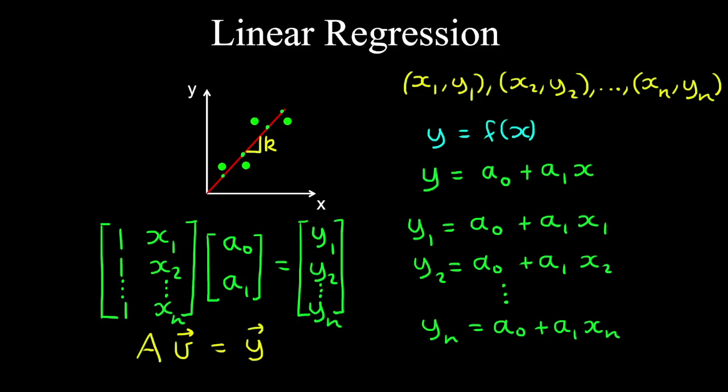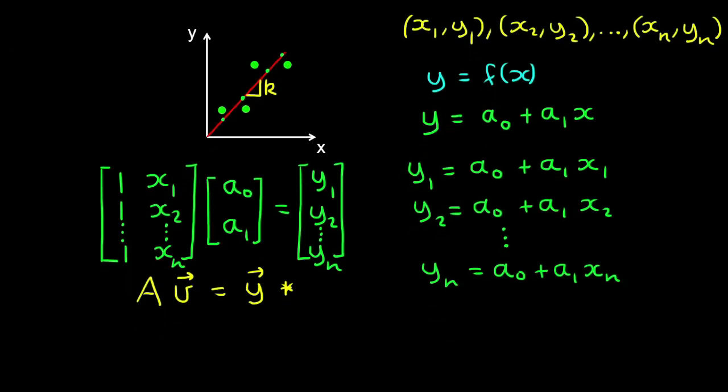So as we can see, if the data points are not collinear, then this system here would be inconsistent, and we can't find the coefficients a0 and a1 that satisfy this equation exactly. And therefore, we'll look for a least squares solution. So we'd have v dash with the approximate coefficients being equal to a0 dash and a1 dash.